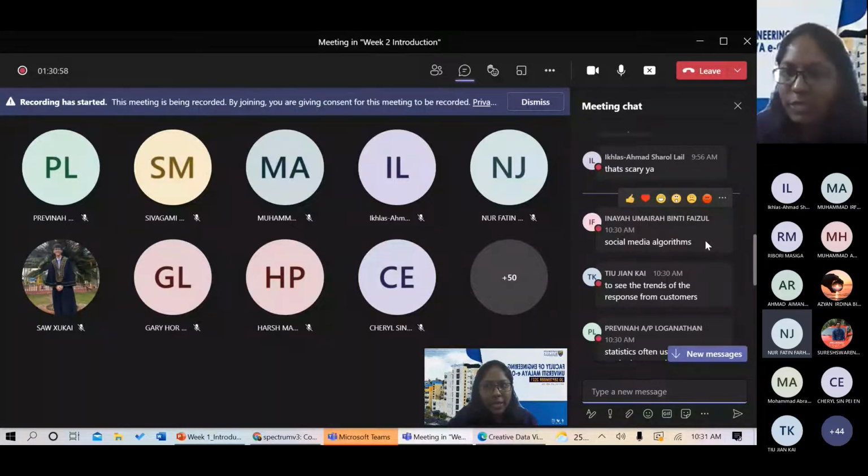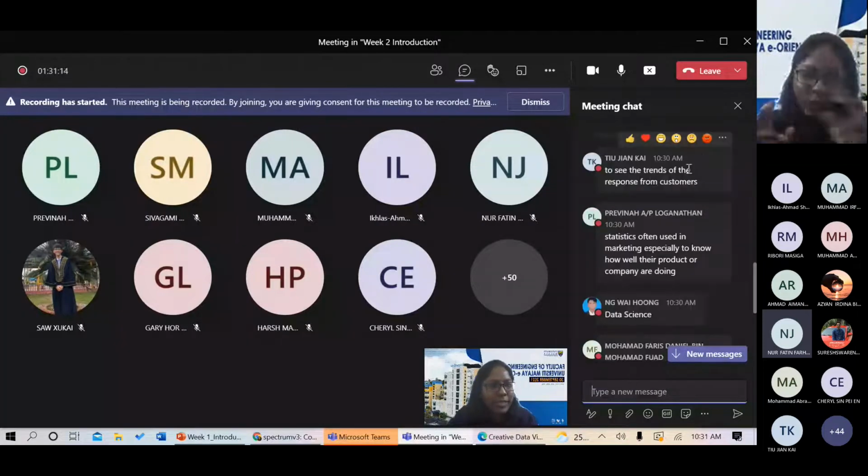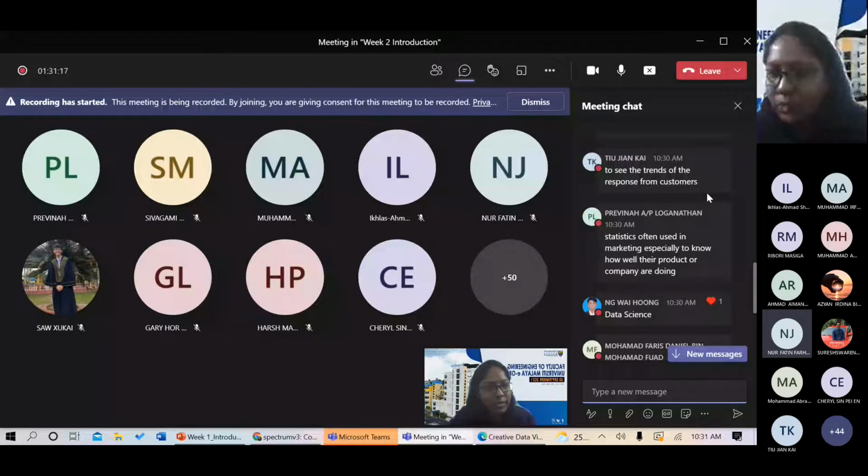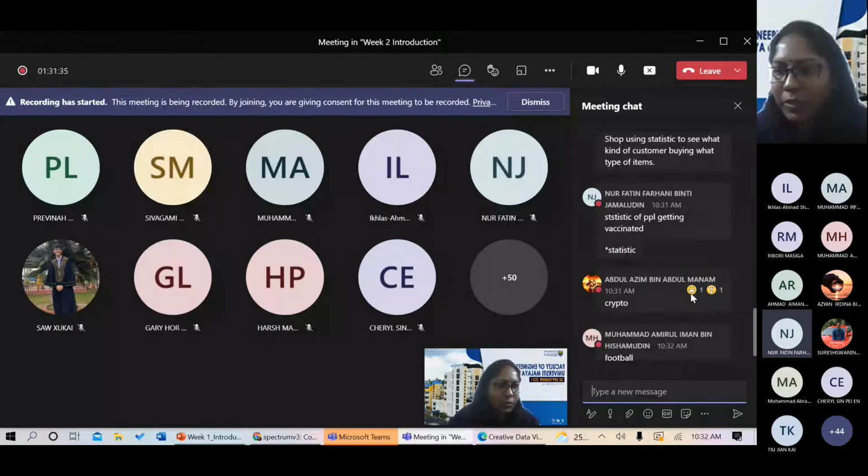These are improvements, to see trends of the response from customers, especially from the sales point of view. Statistics is often used in marketing, especially to know how well their product or company is doing, correct? Data science, yes, there's a whole world to it. Data science is too short a word to describe it. Shops use statistics to see what kind of customers are buying. Statistics of people getting vaccinated, yes, very recent, Fatin, very good.